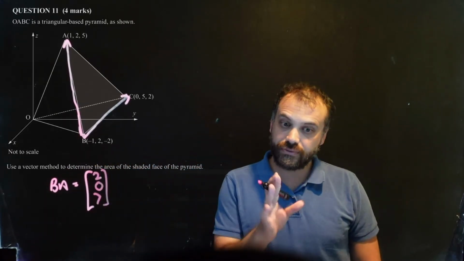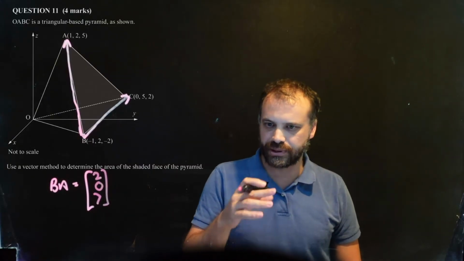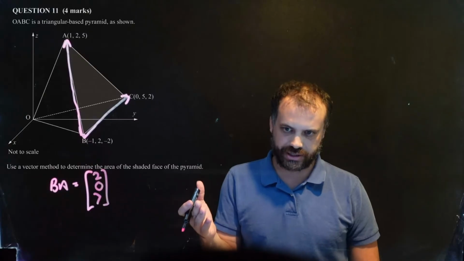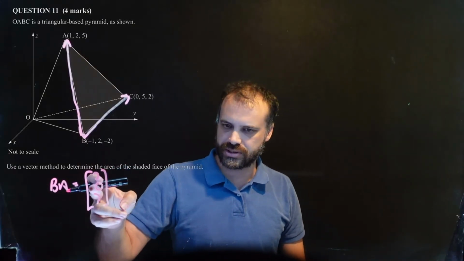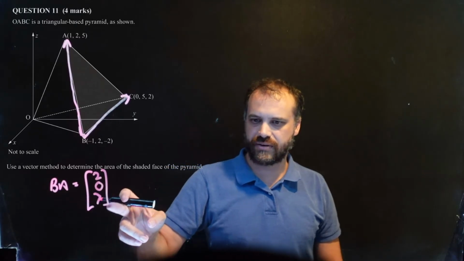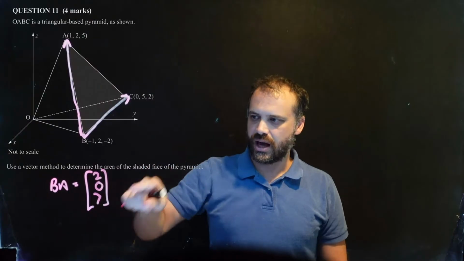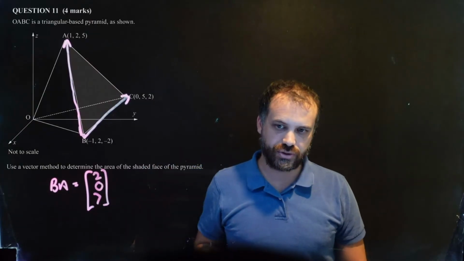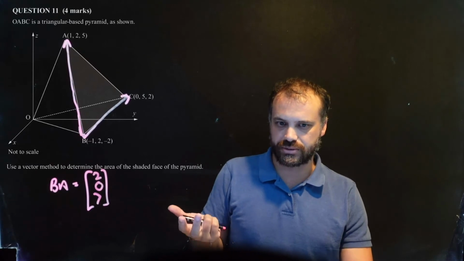Okay. Given we have a picture, we should stop and check that we believe that we are correct here, right? I look at this 2, I look at this 0, I look at this 7. Let's look at the 7 first. From that point to that point, have I gone up 7 units? I feel like the answer is yes. That feels right to me.